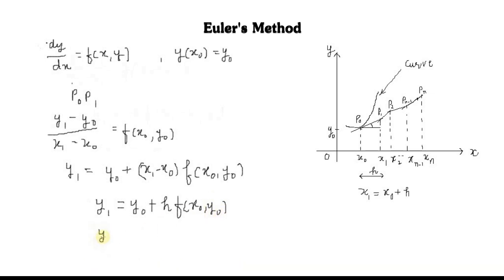If we want to calculate y2, it will be y1 plus h times the value of the function at x0 plus h, y1.